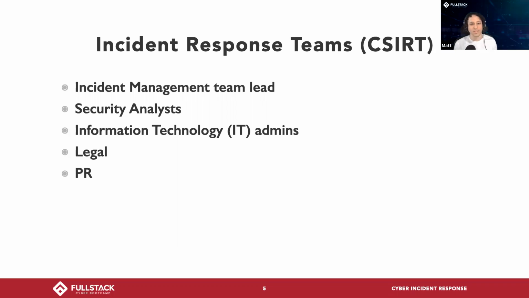You can absolutely believe that SolarWinds has some kind of PR team for how they're going to communicate this with the public. FireEye for sure had PR when they were just hacked. There has to be some sort of ordered communication to the external sources, to the media. So these are people that should be involved in your CSIRT team.